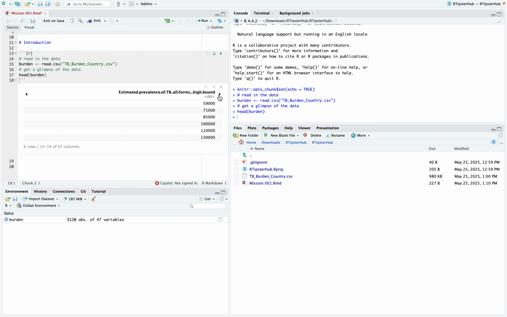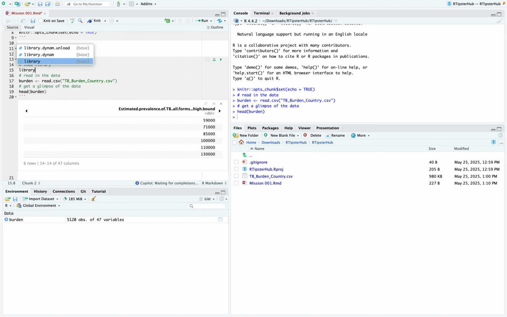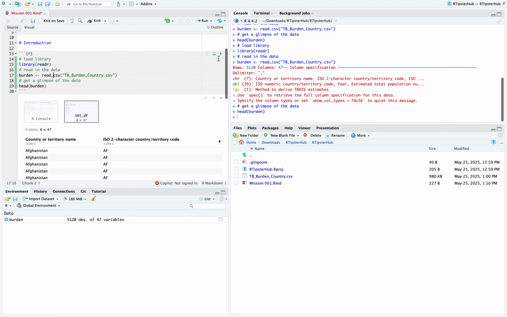What I usually do to get better column names is use a library called readr. So library(readr), which I believe usually reads the column names better. The read_csv function is different from the one in base R, because it has an underscore instead. So burden, read_csv.